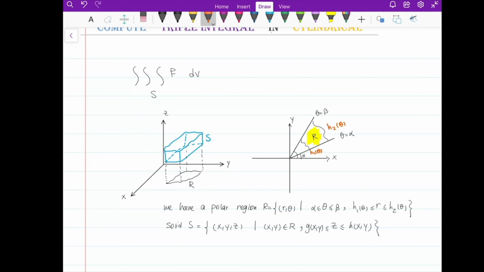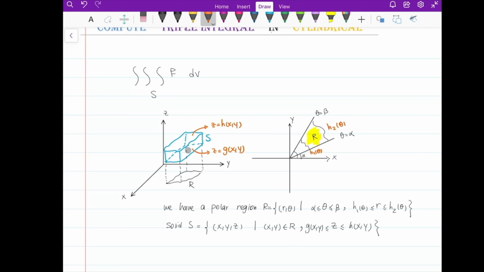So for example, the upper bound for the height would be z equals h of (x, y), and the lower bound is g of (x, y).